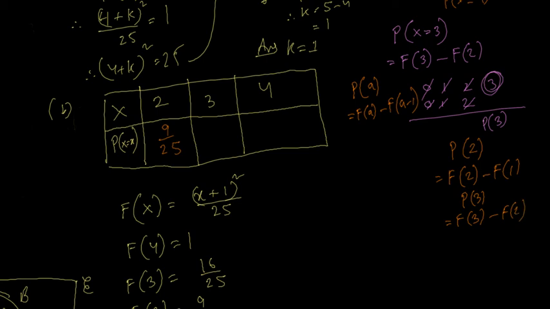F3 is 16 by 25 minus 9 by 25. So 16 minus 9 is 7. So this will be 7 by 25.